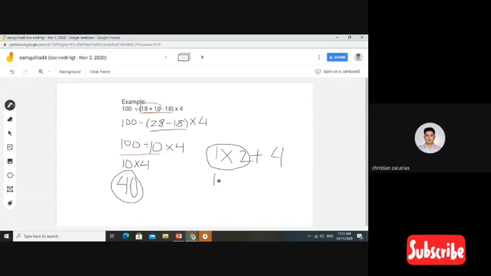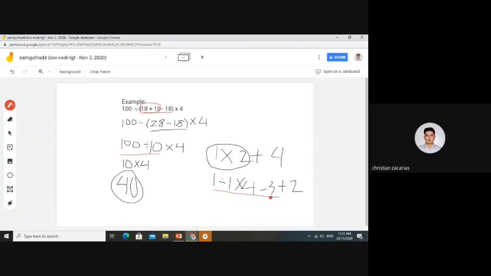For example is here. 1 divided by 1 times 4 minus 3 plus 2. Ayan. Makikita mo dyan, nauna si division bago si multiplication.